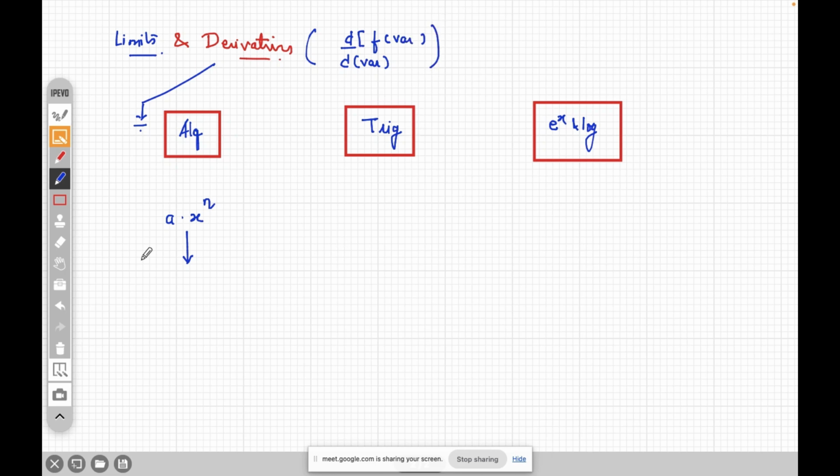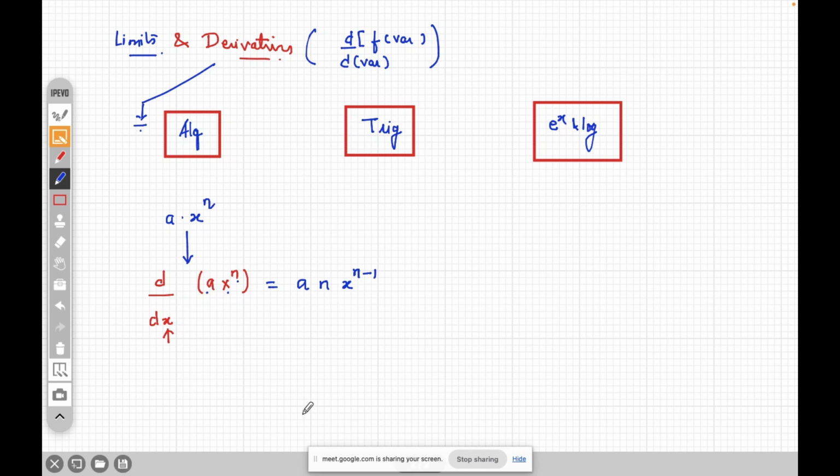What has to be ensured is that the variable with which we are differentiating should be the same as the variable in which the function is given. So the operation goes like this: coefficient as it is, x to the power n becomes n comes forward, x to the power n minus 1.